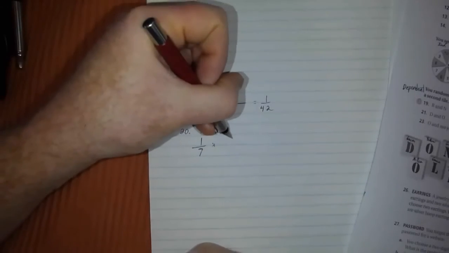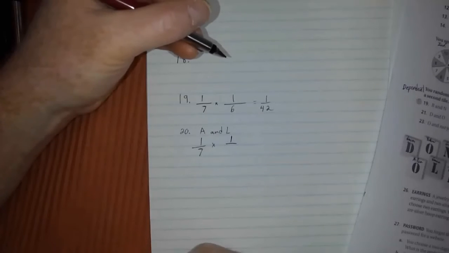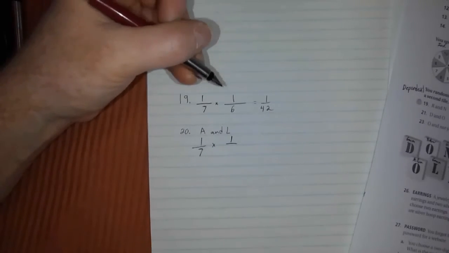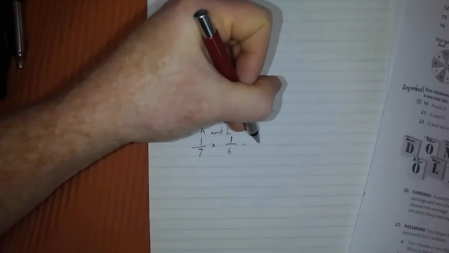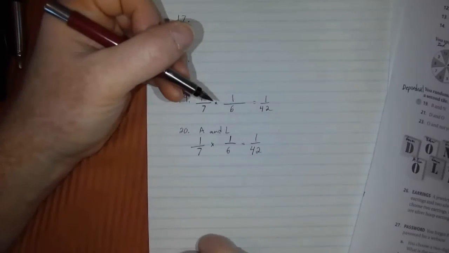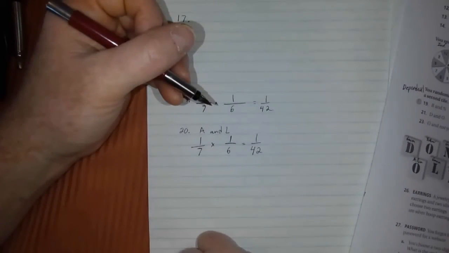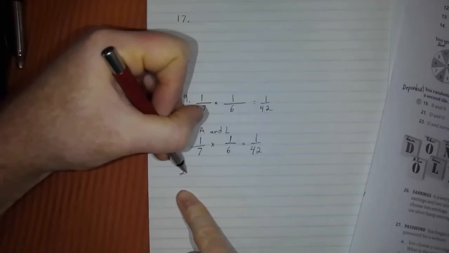How many L's are there? 1. How many tiles do I have left over? Well, I've taken 1 out, so I only have 6 left over. Again, a 1/42 chance. So that means 1 time out of 42 pulls, you are going to get it right.